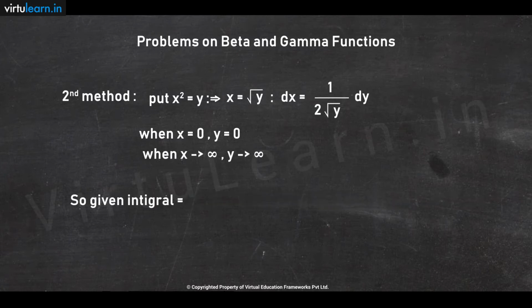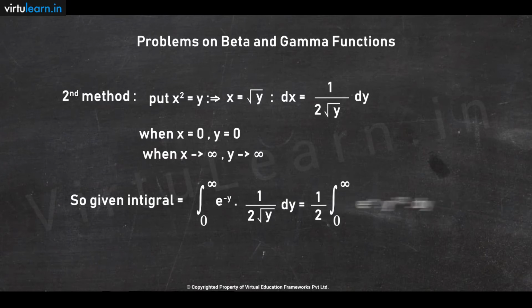So the given integral becomes integral 0 to infinity e power minus y into 1 by 2 root y dy. Or you can rewrite it as half of integral 0 to infinity e power minus y y to the power minus 1 by 2 dy.